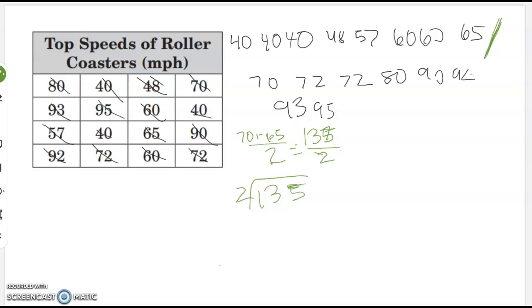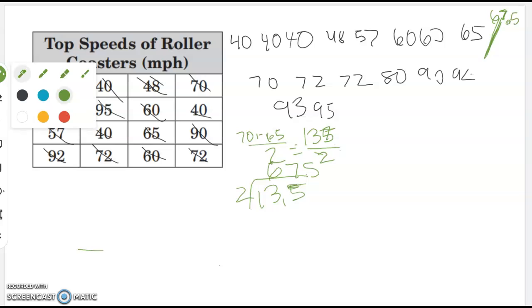And that's going to get me 67.5. So my median, sorry, I should say, is 67.5. Then I'm going to find my quartiles.